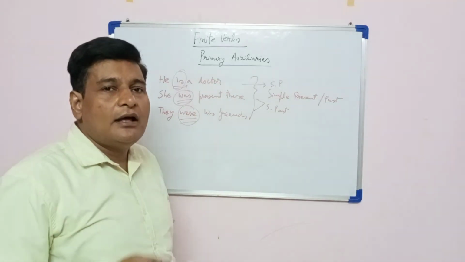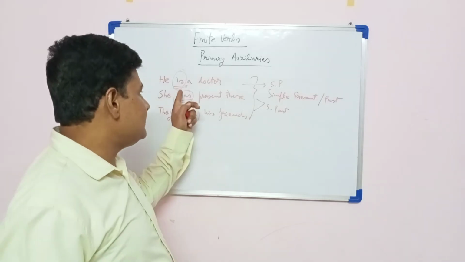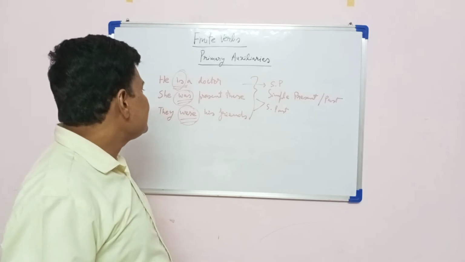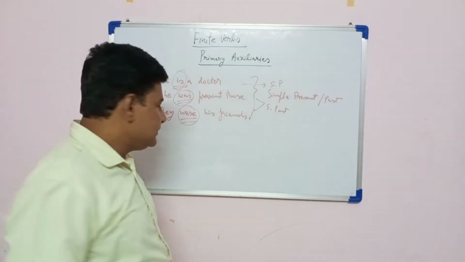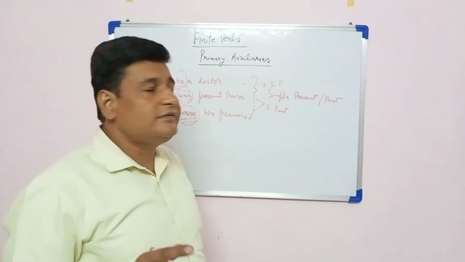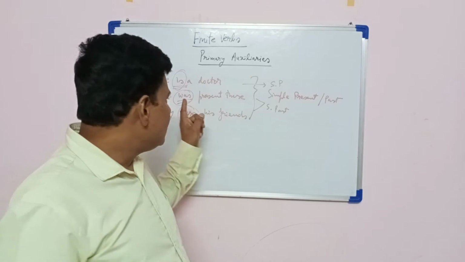These are not primary auxiliaries. Although these are of the form of be, these are not primary auxiliaries. Why are these not primary auxiliaries? Because these are the main verbs. No other verb has been used with these.